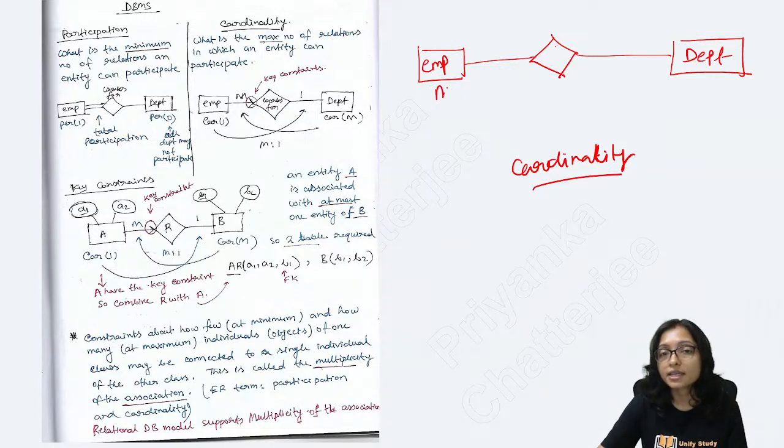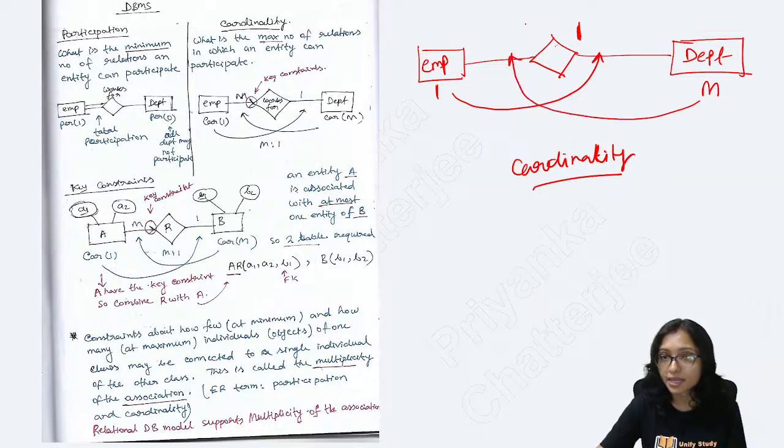So here the cardinality was 1 because one employee can work for one department only. In one department there can be multiple employees, that is M, right? So 1 will go on this side and M will come on this side. That will be M is to 1.